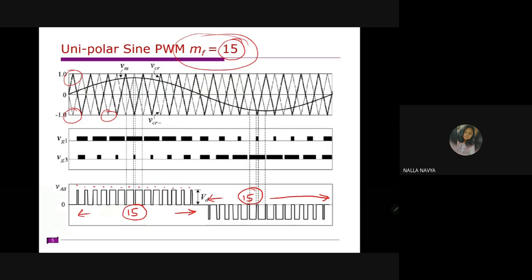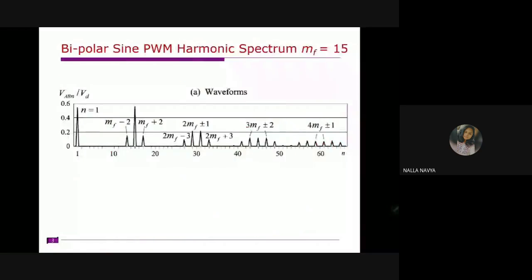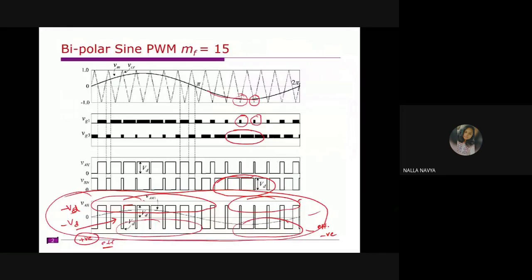So you will get 15 pulses. Similarly, on the negative half cycle, you will get 15 pulses. Whereas here, if you count these pulses, 1 through 15, this entire set is 15 pulses.